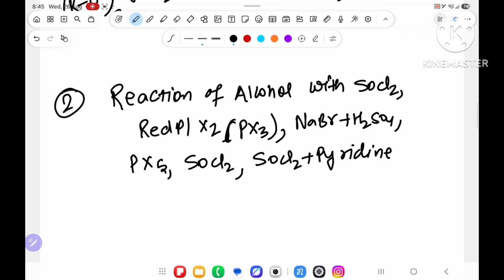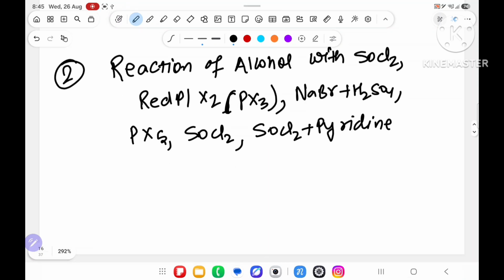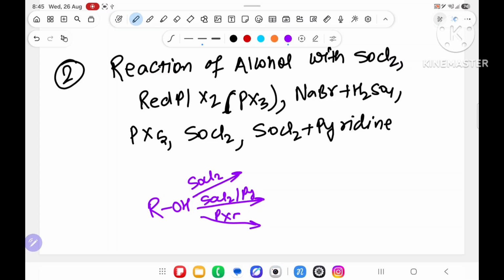You have seen all these reactions over there. In this reaction, you take ROH reacting with SOCl2, SOCl2 and pyridine, PX5, PX3, red phosphorus X2, or HX, and it will give RX.